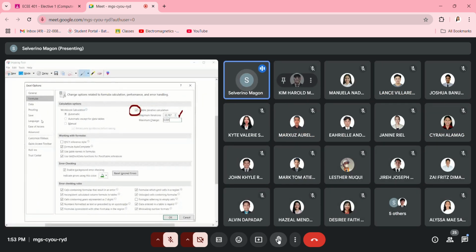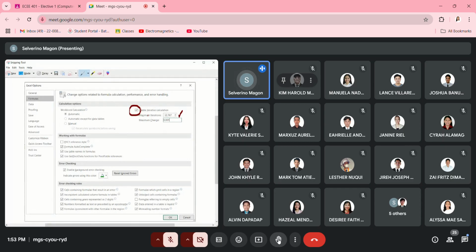Okay, so I've shaded here the section of the tab that you have to check. See to it that iterative calculations are enabled by ticking this one.